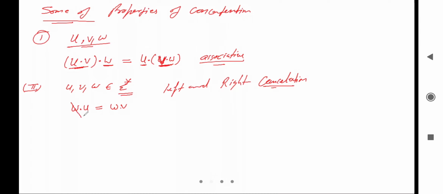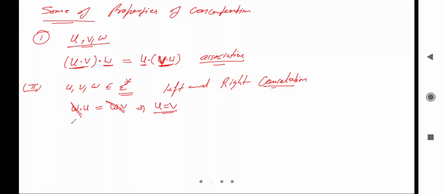So this left string and this left string we can cancel. ठीक है, इन दोनों को क्या किया जा सकता है? We can cancel out, and finally it becomes U equal to V. ठीक है, तो इसका मतलब लेफ्ट स्ट्रिंग को क्या किया जा सकता है? कैंसिल किया जा सकता है इस लेफ्ट स्ट्रिंग के साथ. सो दिस इज व्हाट द लेफ्ट कैंसलेशन.